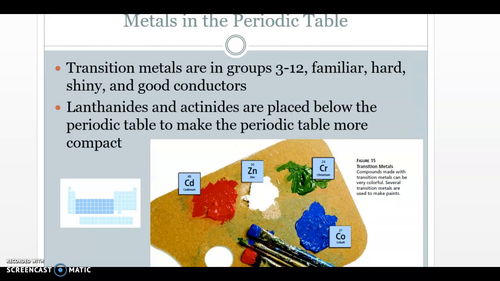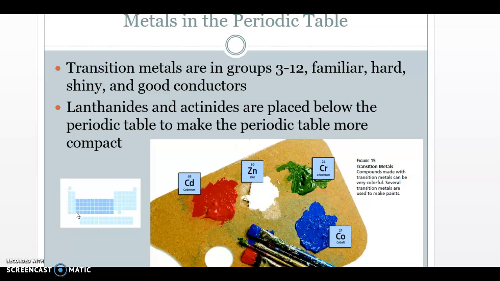Okay, then we have a whole big group here, as you can see, highlighted in blue. These metals all go together, and they are called the transition metals. They basically transition from the very reactive side over to this side of the periodic table, which is mostly focused on the nonmetals and the metalloids. So they transition from one end to the other. And the reason why they're all clumped together is because they have a lot of the same basic properties.